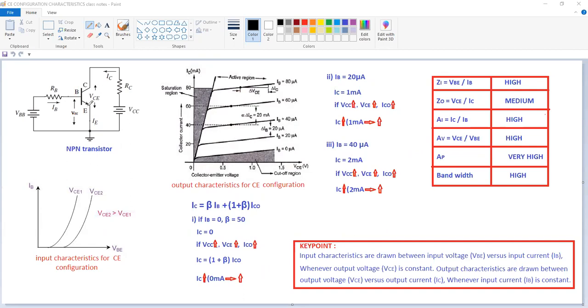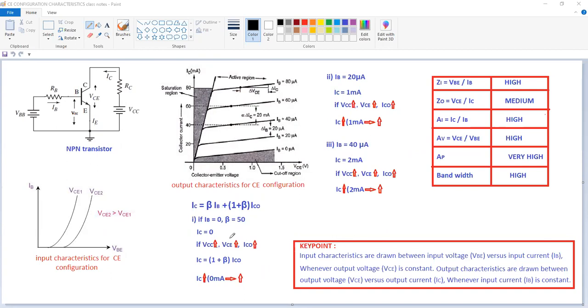When you increase the supply voltage on the output side, the output voltage across the transistor, VCE, is also going to increase.